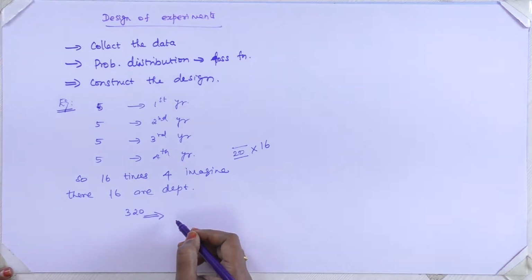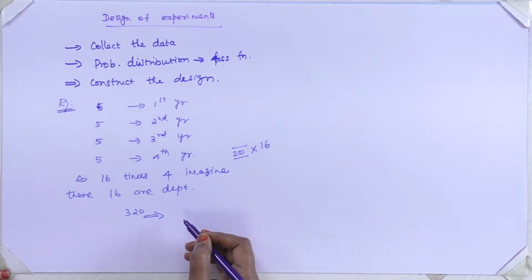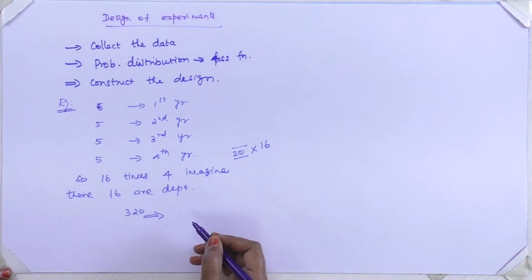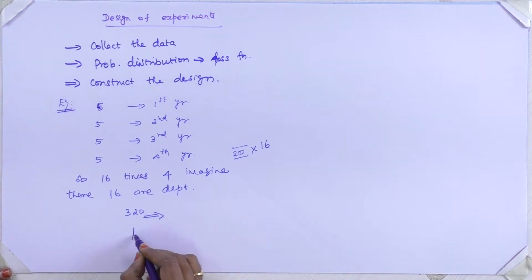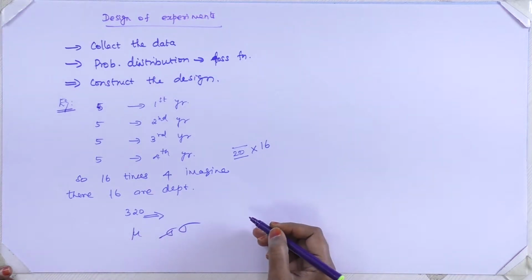After collecting this information, we want to use some type of distribution. Most often, we use the normal distribution. For solving the normal distribution, we need two parameters: mu and sigma.